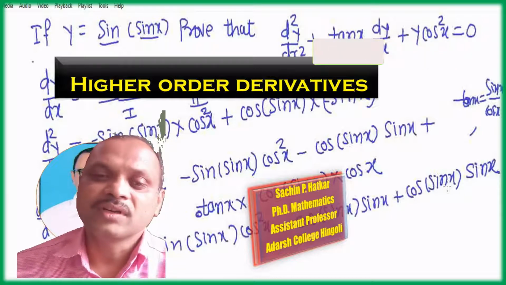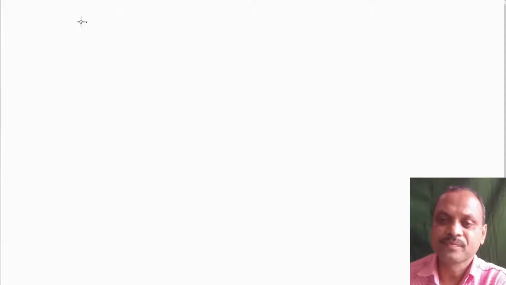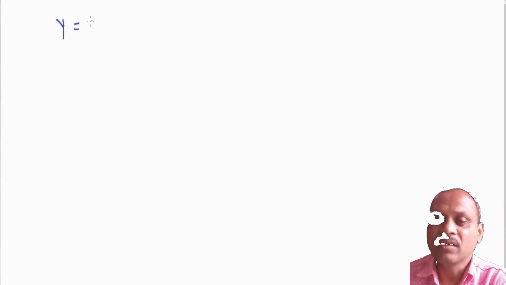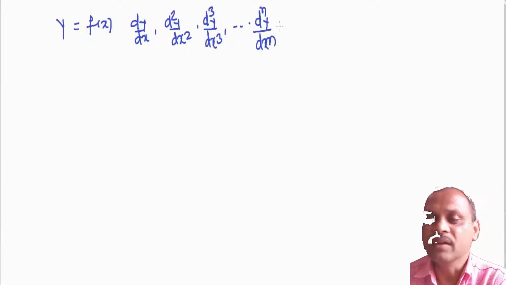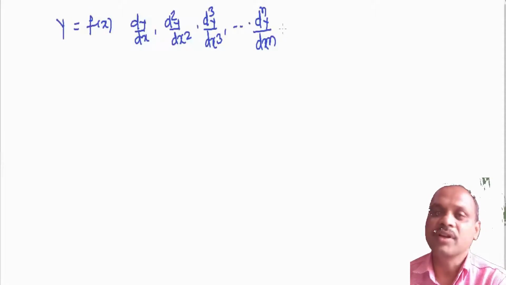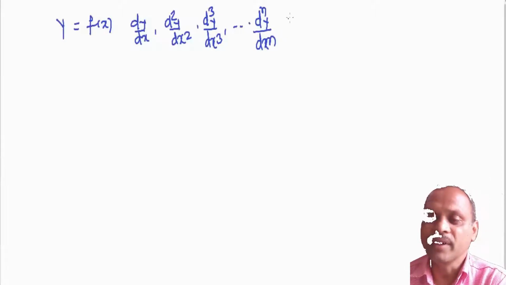That means if y equal to f of x, then dy by dx, d2y by dx square, d cube y by dx cube, up to dny by dx raised to n, are the successive derivatives or higher order derivatives.